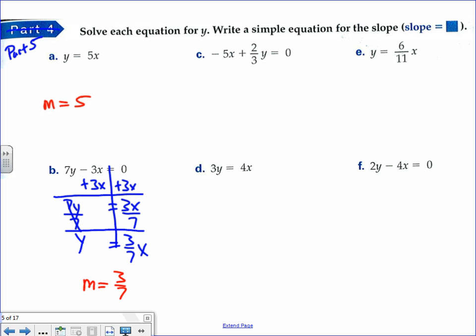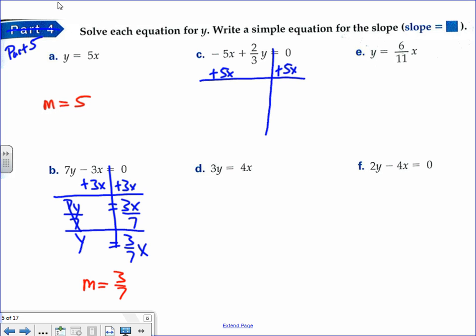Letter C. Again, it does not say y equals, so we need to make it say y equals. The first thing we need to do is get that 5x over to the other side. It's negative 5x, so we'll need to add 5x to both sides.